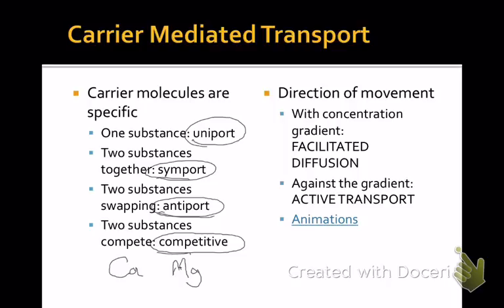But in your duodenum, the first part of your small intestine, you have a calcium-magnesium competitive transporter. And here's why that matters. If it's competing for calcium versus magnesium, if you overload your diet with too much calcium, then calcium can outcompete the magnesium for this transport process.